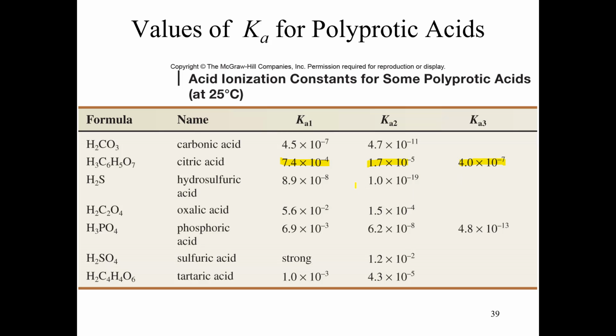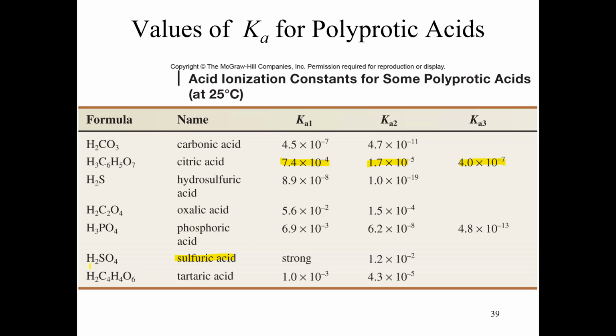Exactly. Notice how in all of them, Ka1 has a larger value than Ka2, which in turn has a greater value than Ka3. So in other words, each successive ionization is weaker and weaker. It's less likely.